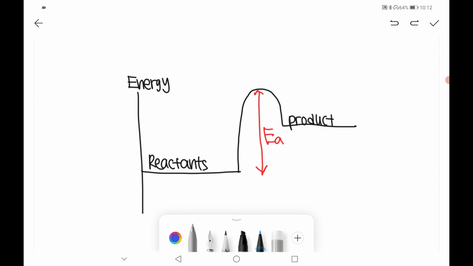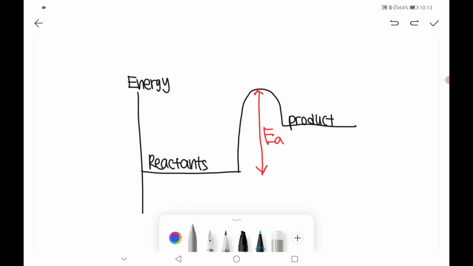Quite simple. From the reactant to the peak, this is the energy you absorb to break the bond. From here to here, this is the energy released to form the bond.